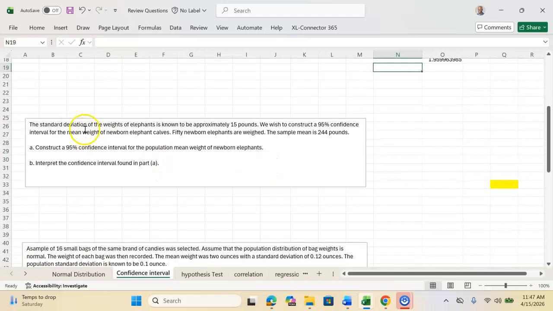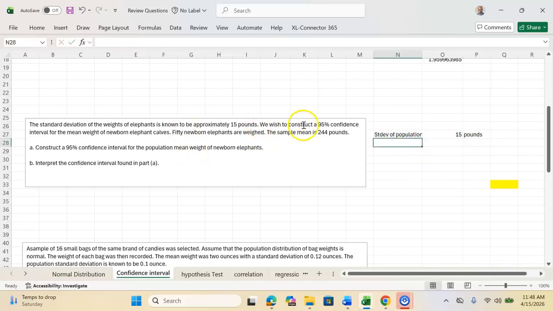This question says the standard deviation of the weight of elephants is known to be approximately 15 pounds. So let's write that information. This one is given, so it's the standard deviation of the population, and it's given as 15 pounds.